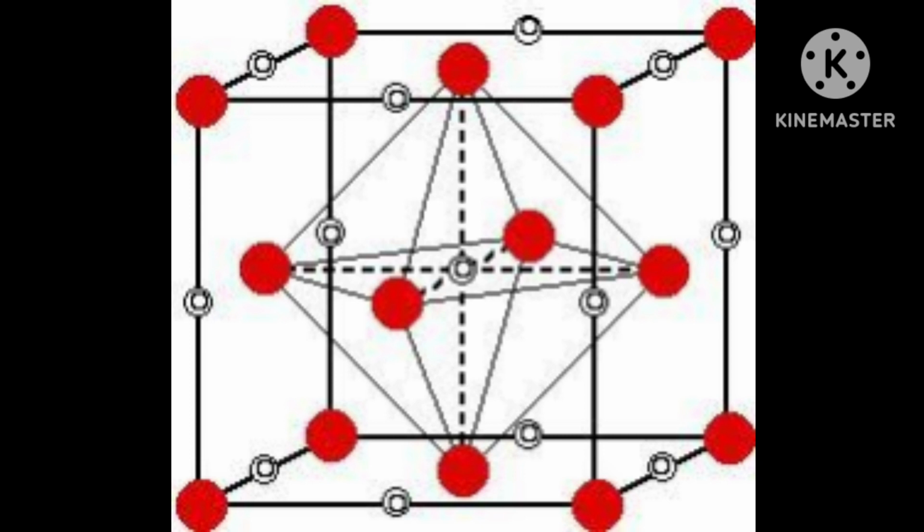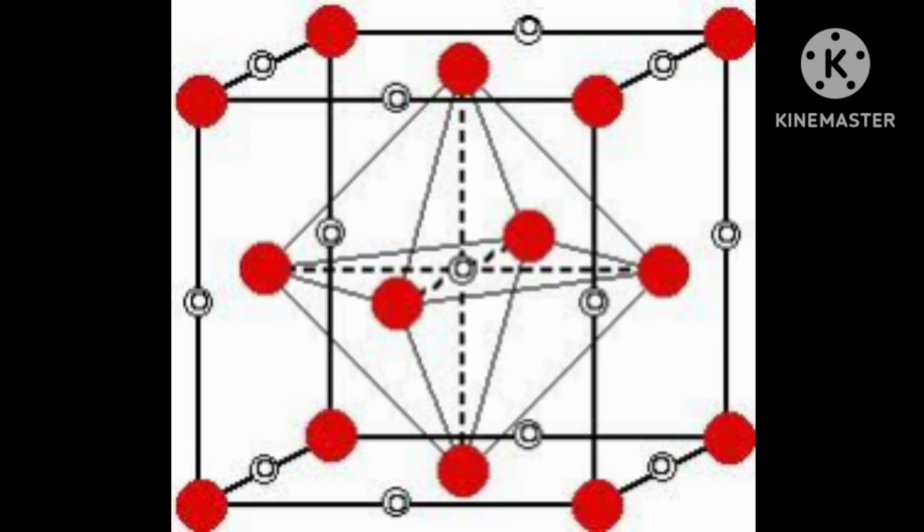So you will find on each face of the big unit cell one atom is there automatically.